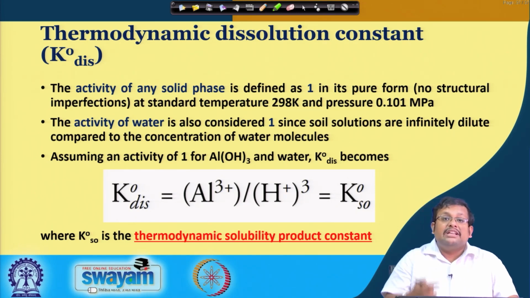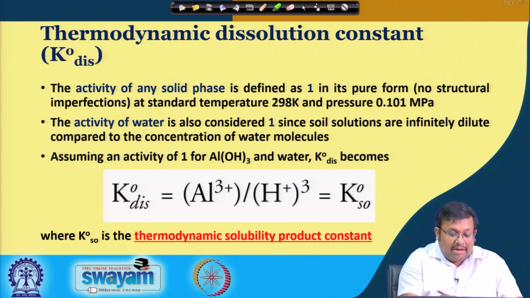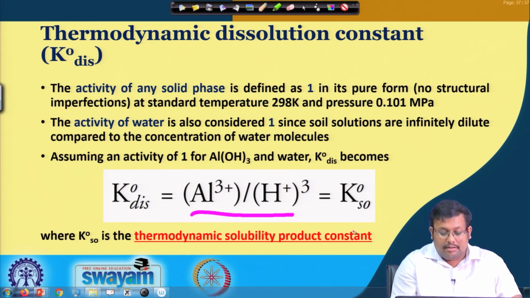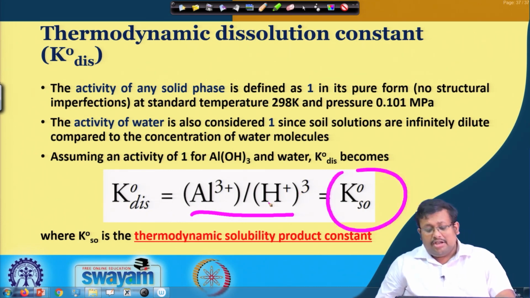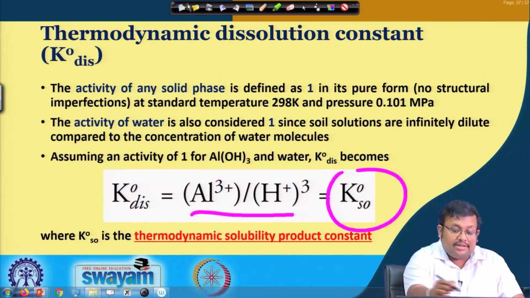So, assuming the activity of aluminum hydroxide and water as 1, this thermodynamic dissolution constant can be simplified to this. Also, this ratio is known as the thermodynamic solubility product constant.